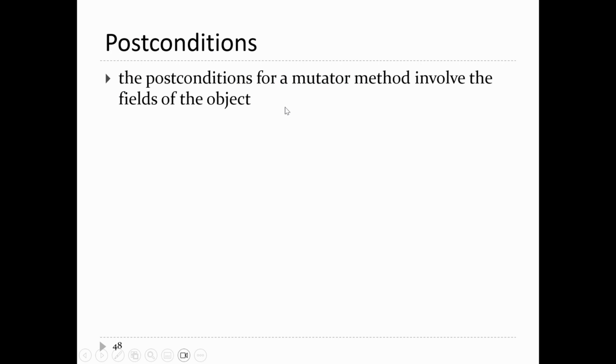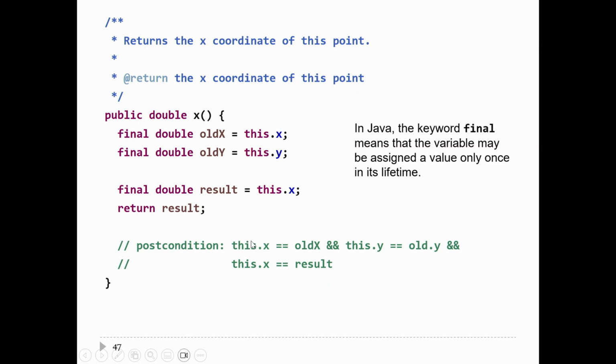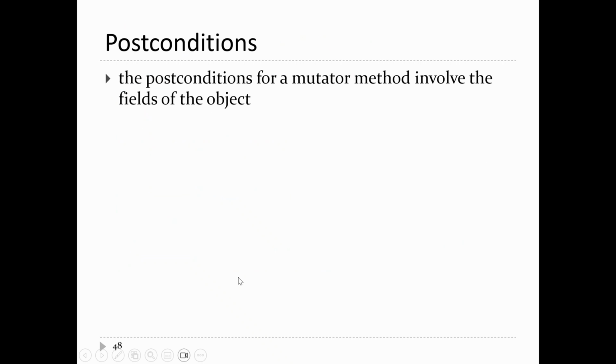Okay, so for a mutator method, the idea is similar, right? For a mutator method, the postconditions also involve the fields of the object. Actually, this one involves the fields of the object as well, right? But a mutator method is going to change the state of the object, so this one's definitely going to involve the fields.